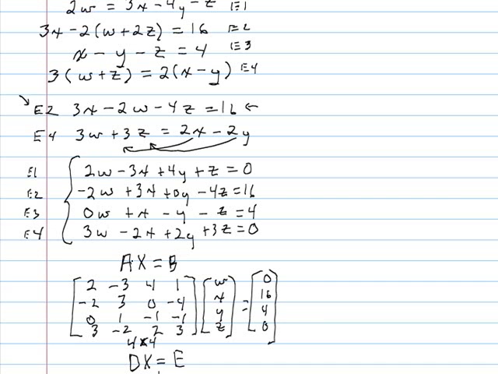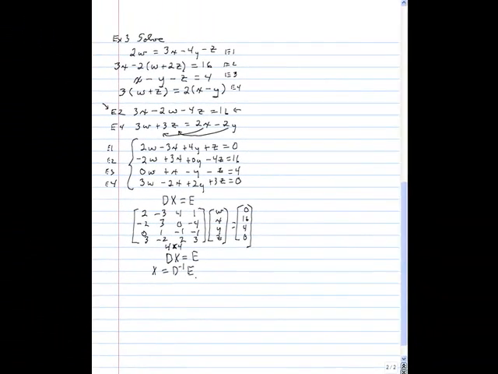I didn't actually put that in A. I actually put that into D, so my equation says Dx, and I put this matrix of constants into E, so that says Dx equals E, and x equals D inverse E.